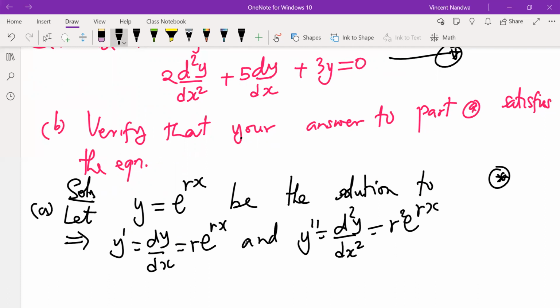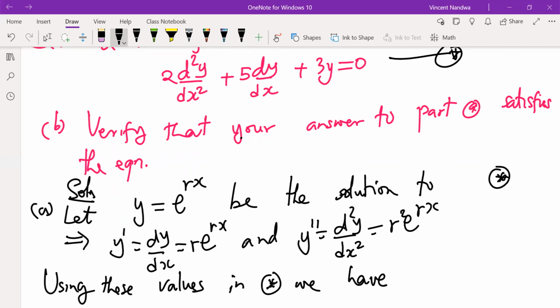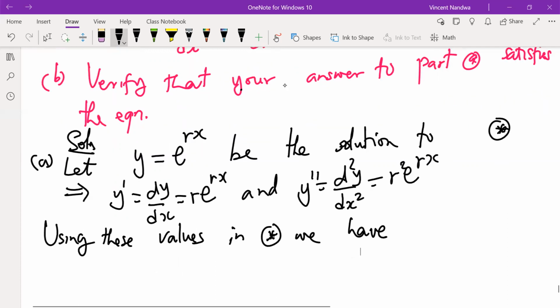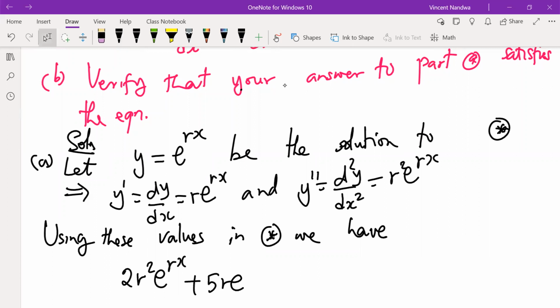Now, using these values in star, we have, so just a matter of replacing y prime and y double prime in this given equation. So we'll have 2r squared e raised power rx plus 5r e raised power rx, then plus 3 e raised power rx equals 0.